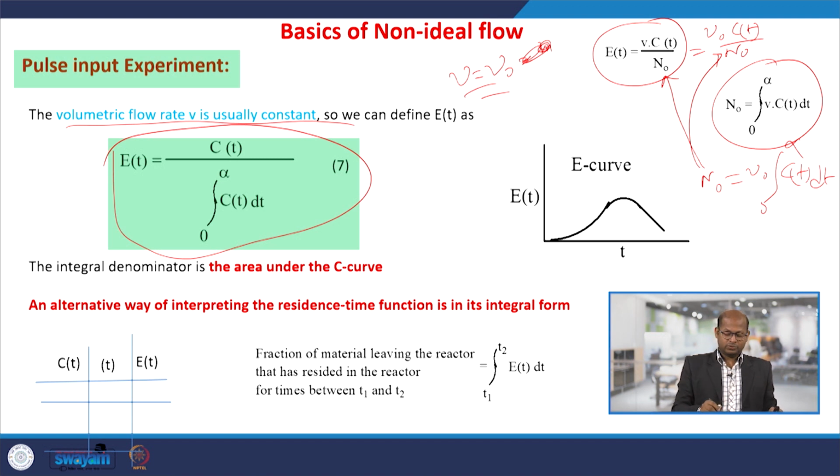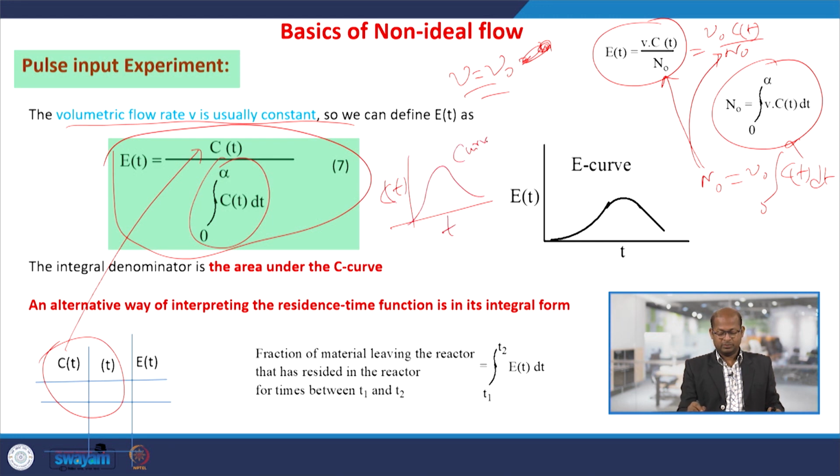So, this area under the curve we can get. From the experiment we find the concentration C(t) at different times, and once we know this C(t) value we can put it here and find out the E(t) value. We have to integrate the C curve to get this part.